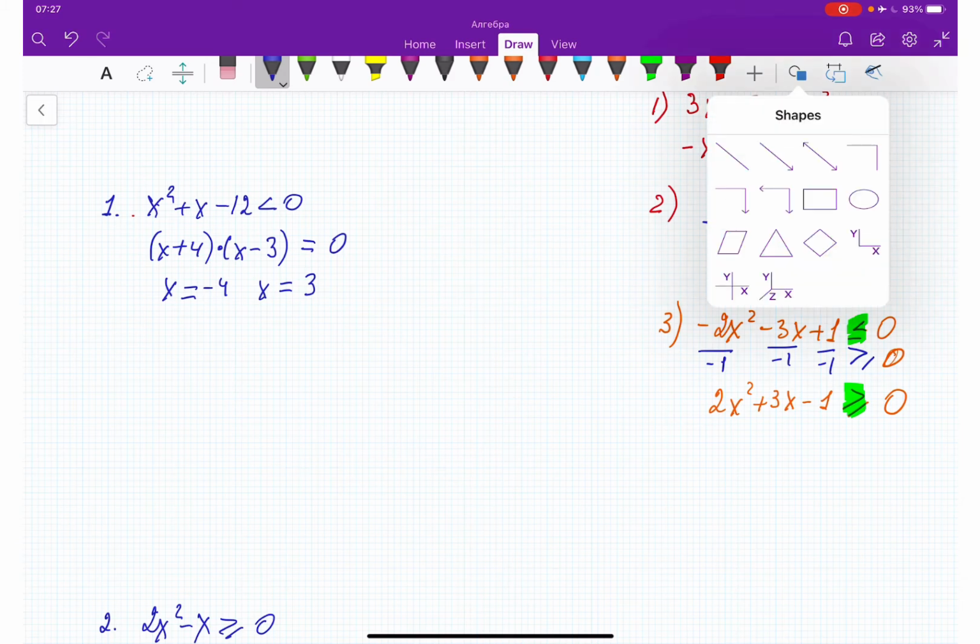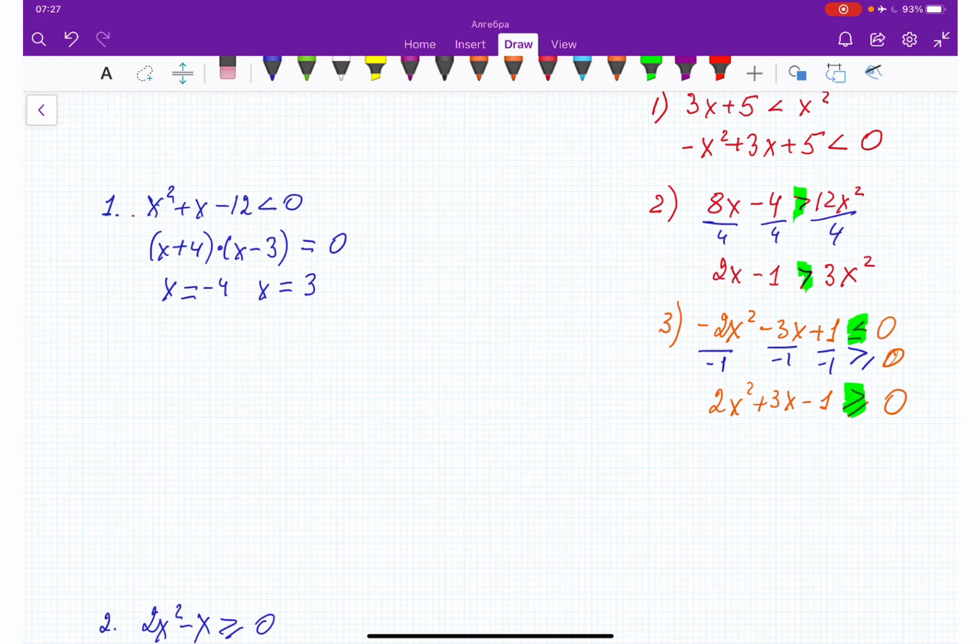We get two solutions, but because this is not an equation, this is an inequality, we have to figure out which part of the interval is going to be the solution, because when you have an inequality, its solution has not just one number as an equation does, but a whole range or interval, as a matter of fact.